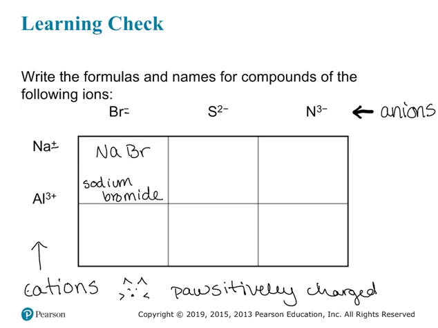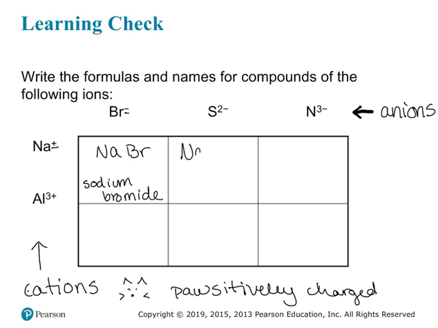So if we pair sodium with sulfur, what is the chemical formula? So we have a positive charge and a 2 minus charge. So how many sodium ions do we need to balance the charge on sulfur? 2.